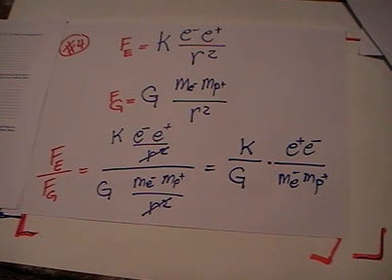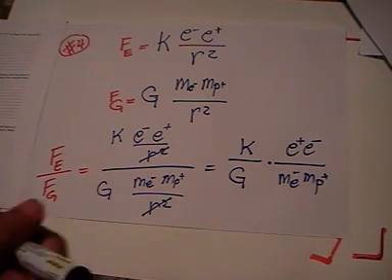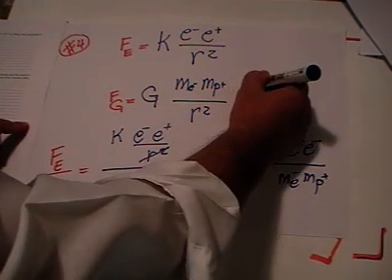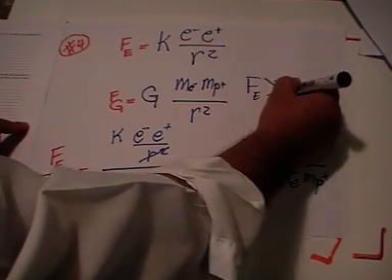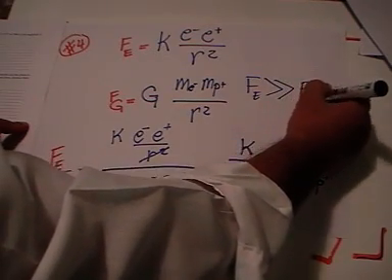I have calculated that in the PowerPoint slides, and you see that when you do that, Fe is much bigger than Fg.